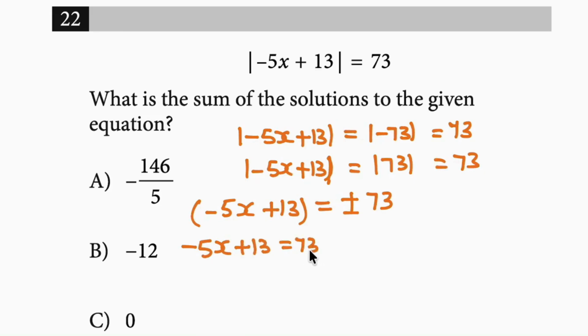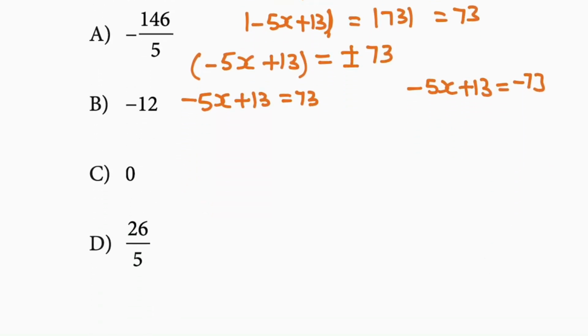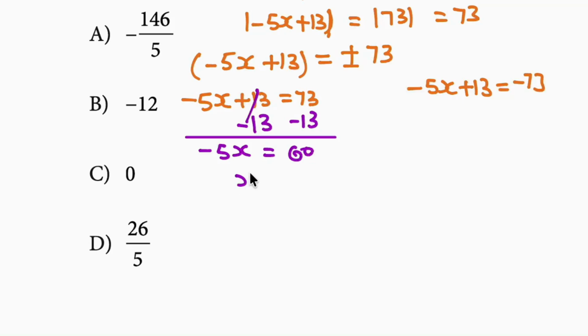That can be positive 73 or that can be -73. So there will be two solutions for it. Okay, let's calculate for x. Subtracting 13 on both sides, I'm solving the first one. So this is cancelled and -5x = -60, so x = 12.